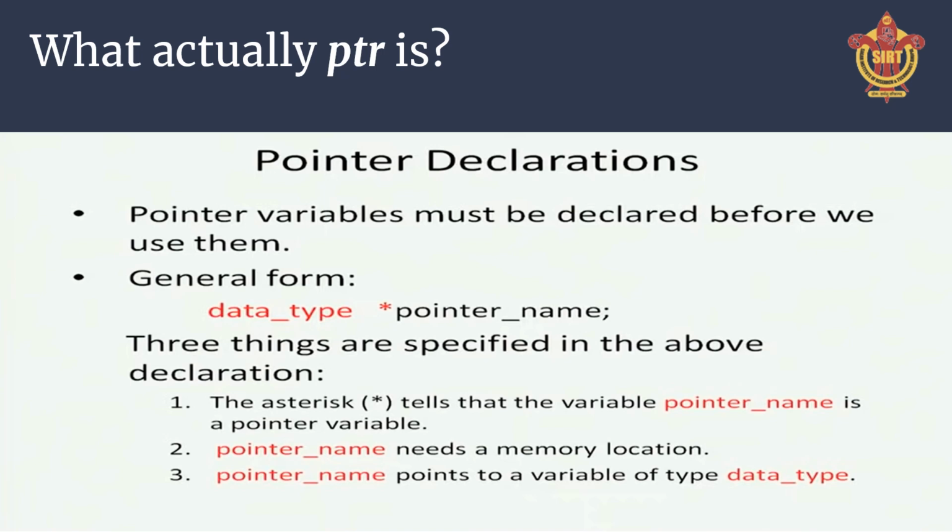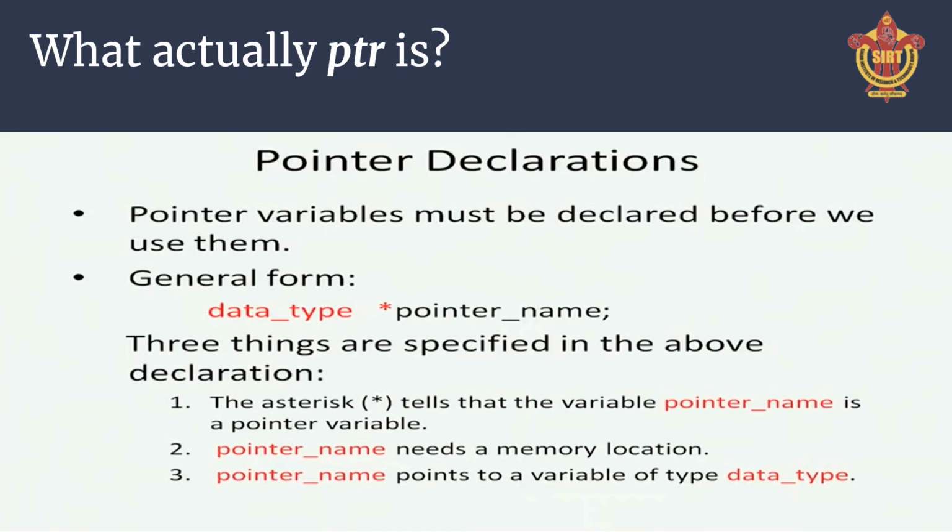The second thing is that the pointer name also needs a memory location. The variable we are defining as a pointer variable also needs some memory location to be stored.